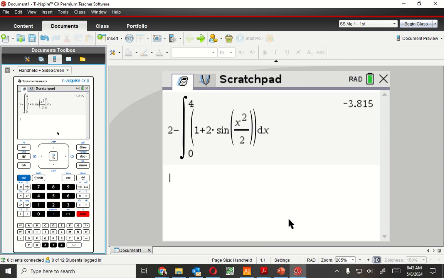So by showing this much right here, this is all I need to show of what my work is, I get a negative 3.815.